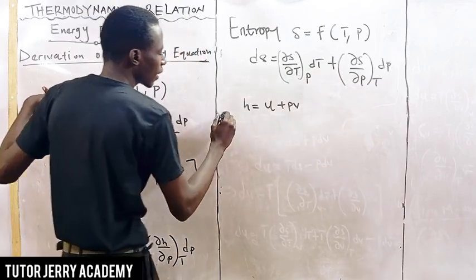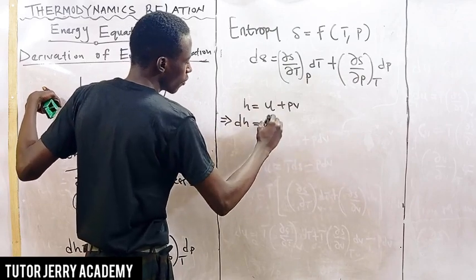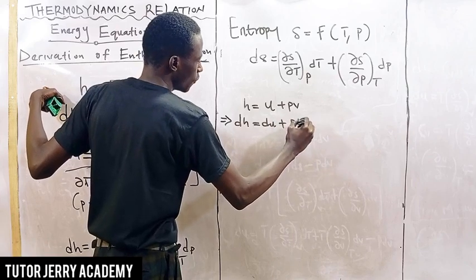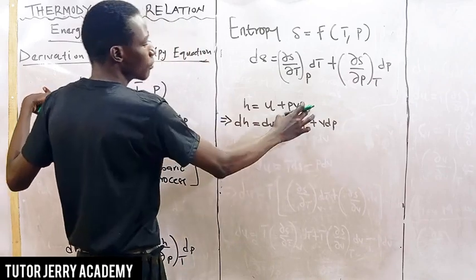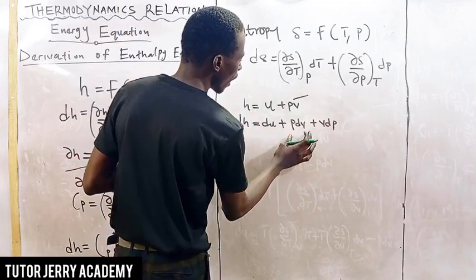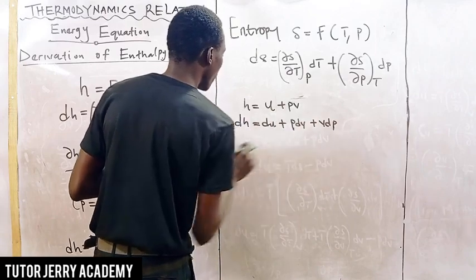This implies that dH, if we differentiate, will be equal to dU plus P dV plus V dP, using the product rule. So if we do this, this is what we are going to have.